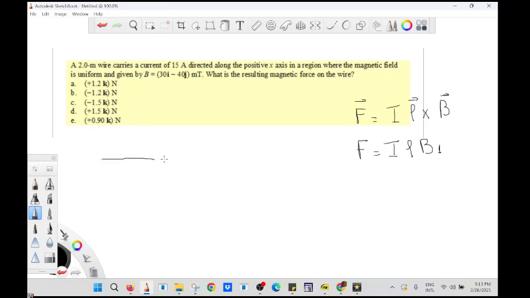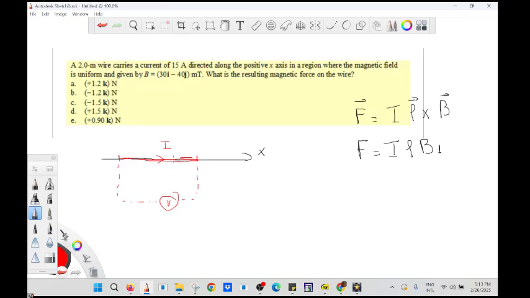So you have a B, you have a current along the x-axis. So there is a current here. It's a length L, and you have a current I. Maybe here you have a power supply somewhere. It doesn't matter.